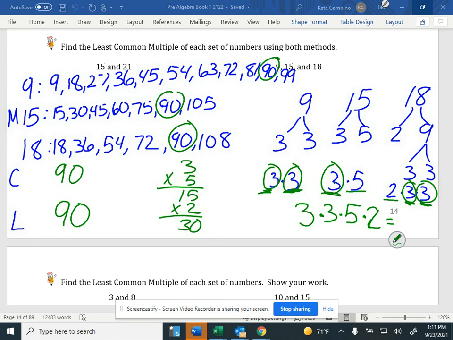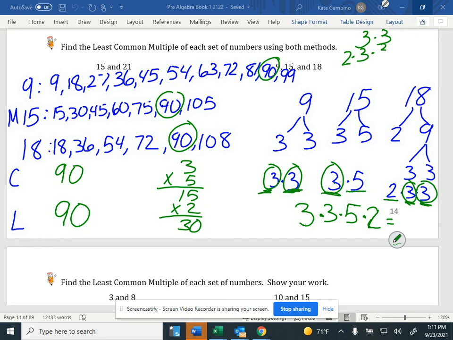So look at it written like this. If we put them on top of each other, what do I have?